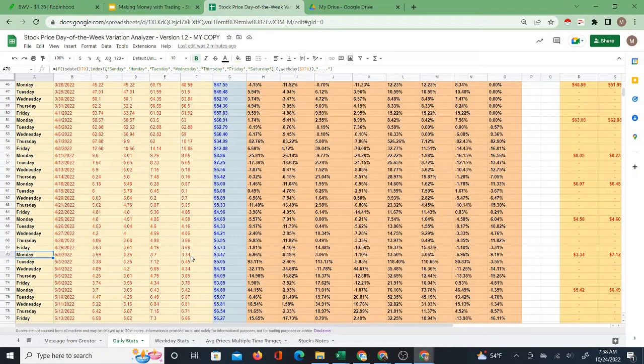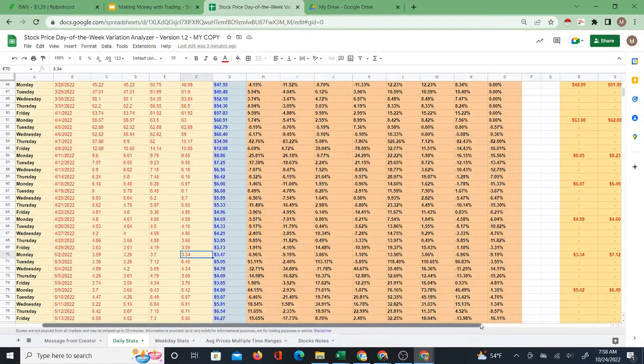If you had bought it here at 334 at the close price, and then you could have sold it at the high the following day, 113% higher. $7.12 per share. So if you had put in $100, you would have made back your whole $100, right? 113, you would have made your whole $100 back, okay?